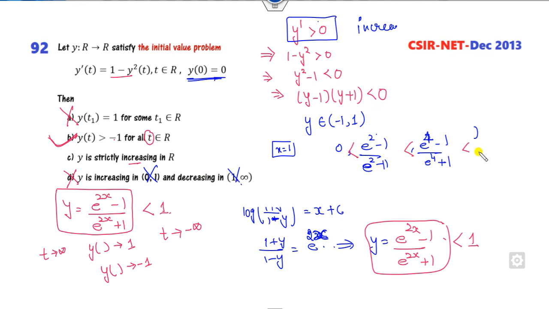So what is the meaning of that? It's increasing. So once it's increasing for all the values of r, it is the right answer. So the right answers are B and C.